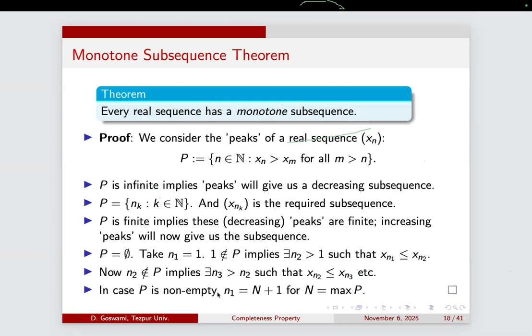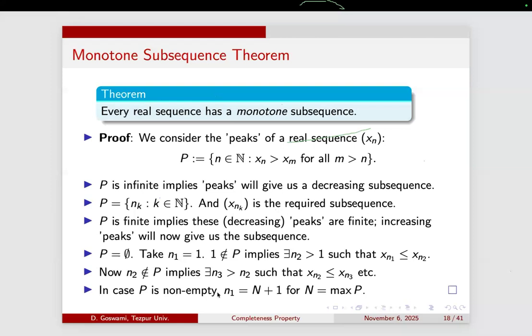This is a very interesting idea that every real sequence has a monotone subsequence. That's how important our monotone sequences are. Given any arbitrary real sequence, we can always manage to find a monotone subsequence. I will skip the proof.